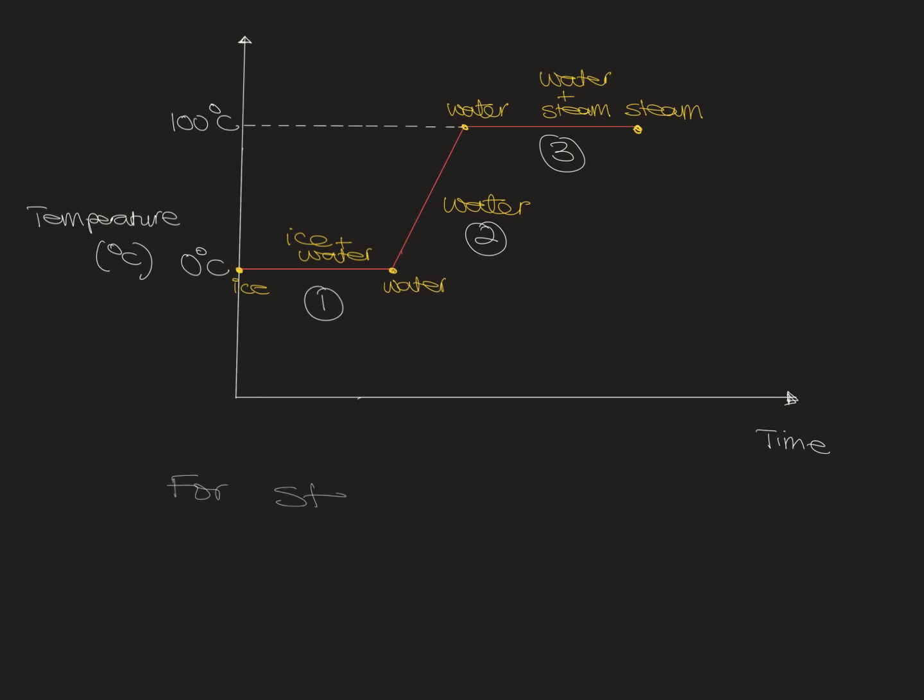For stage 1, we have ice at 0 degrees Celsius that converts to water at 0 degrees Celsius. So that is a phase change. We are going to use the formula Q is equal to mL_F.